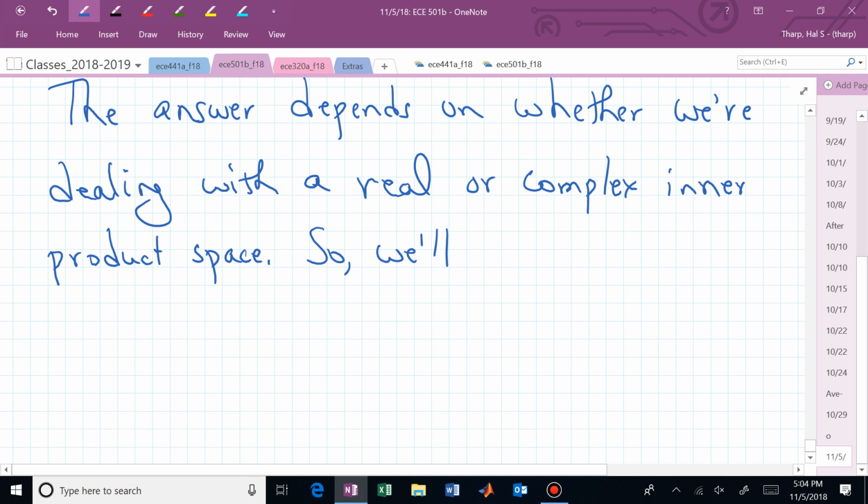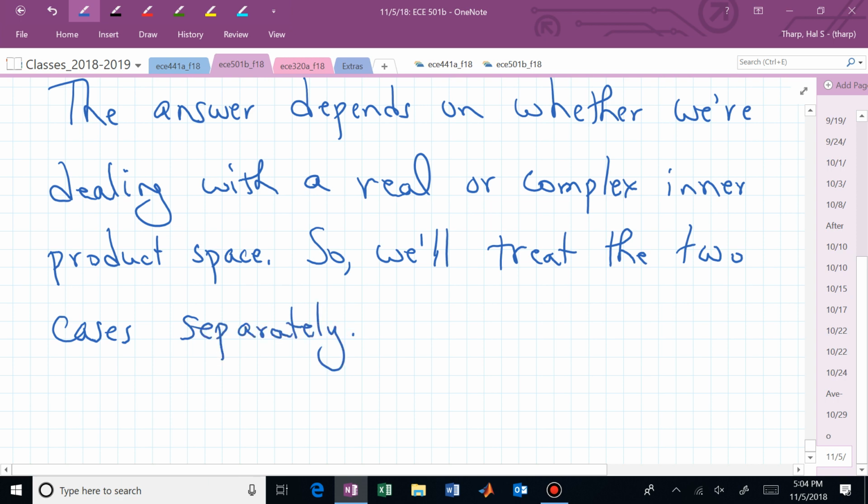And because of that, we'll look at both separately. So we'll treat the two cases separately.